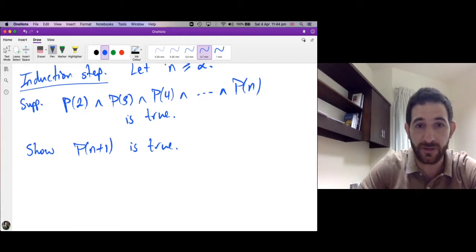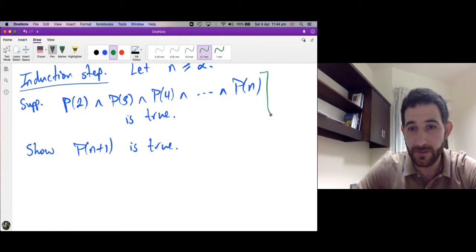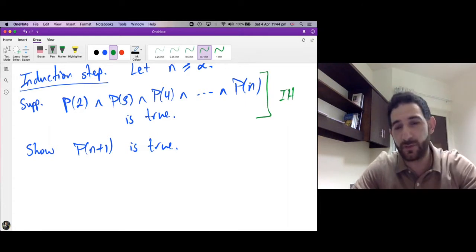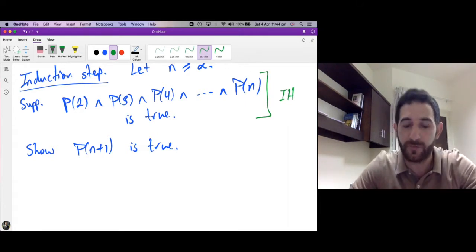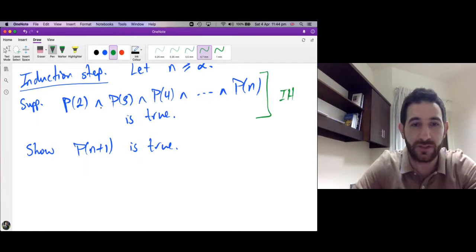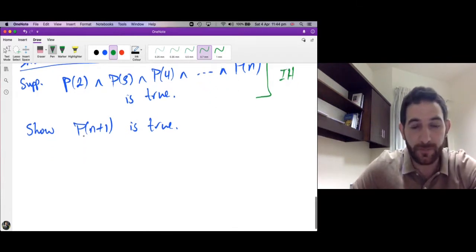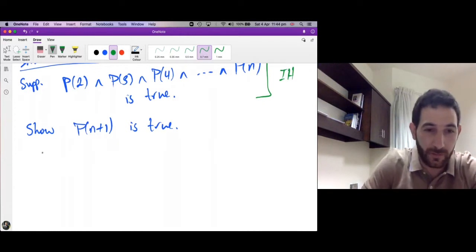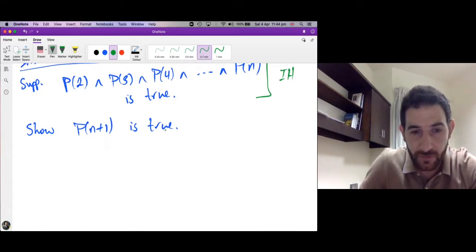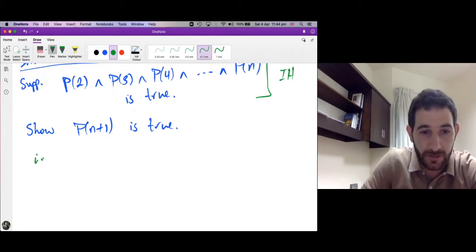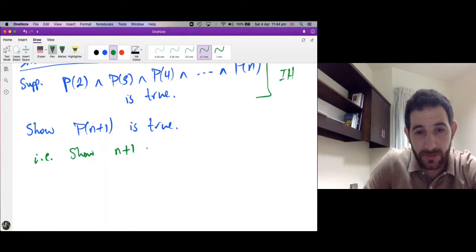This is our induction hypothesis. Previously in mathematical induction, we just assumed n is a product of primes, but here it's not enough. We need to assume more. So in other words, we need to show that P of n plus 1 is true, i.e., show that n plus 1 is a product of primes.